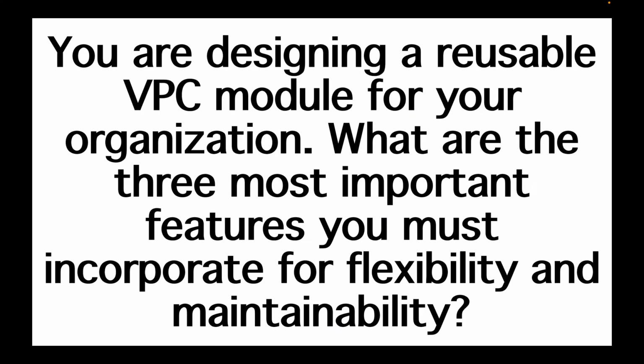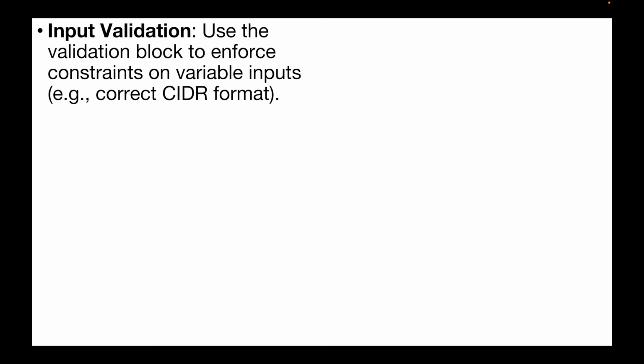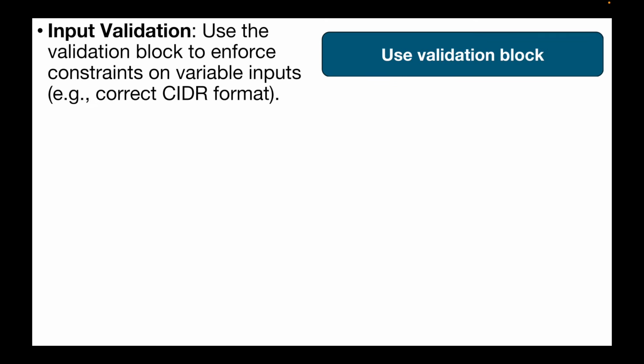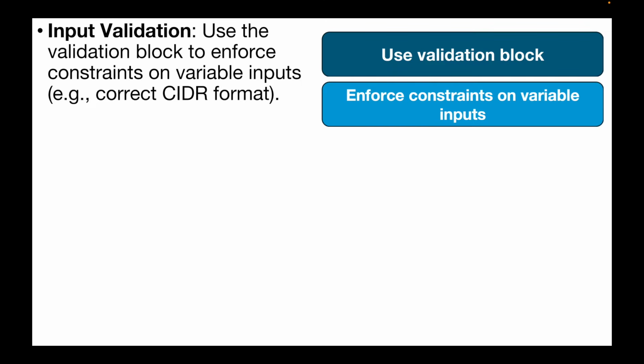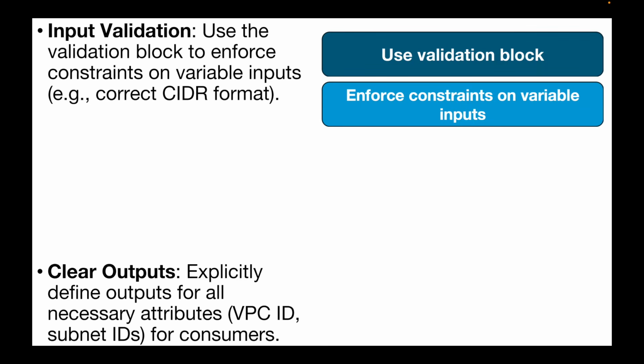The next question we have is, you are designing a reusable VPC module for your organization. What are the three most important features you must incorporate for flexibility and maintainability? So the first thing is to use the validation block to enforce constraints on variable inputs, like using the correct CIDR format.